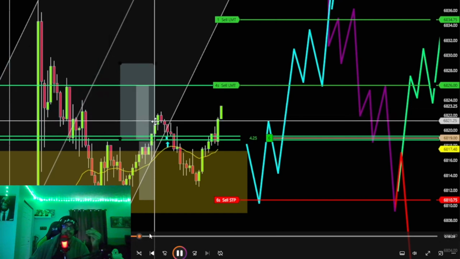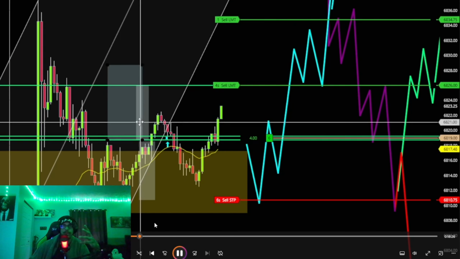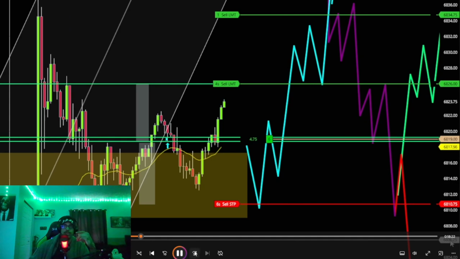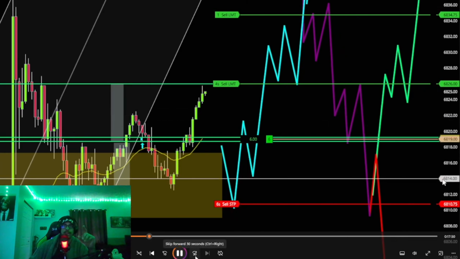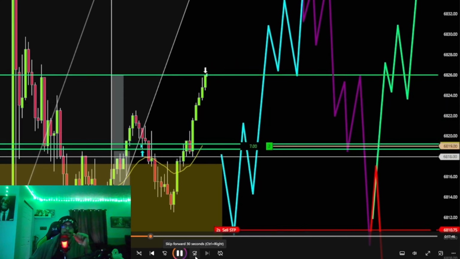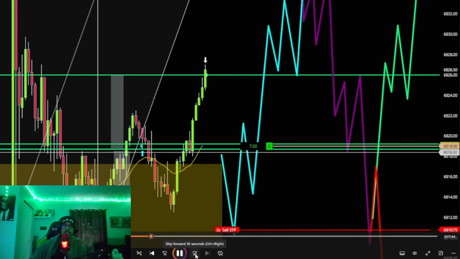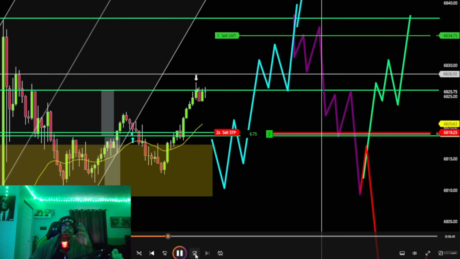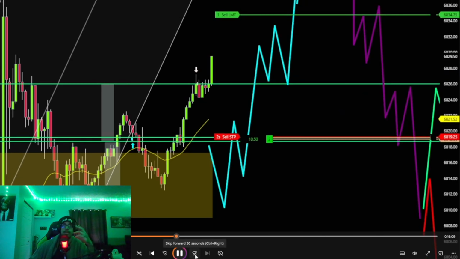Now, obviously a bit deeper of a correction, but everything was within the wheelhouse of what we were expecting. As you can soon see here in just a few seconds, we ended up getting that first target as it hits right there. And then with a little bit more patience, we did end up getting the second target as well. Now just be aware, after you get your first target, you do want to stop the risk, which is why we did pull the stop up to right around and or above our entry pivot, okay?